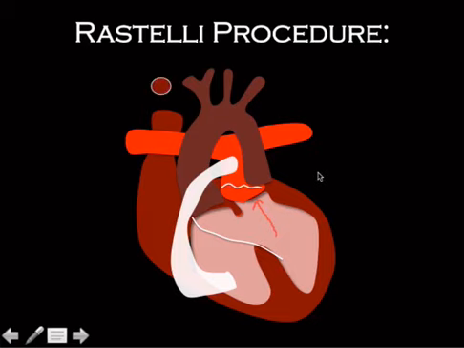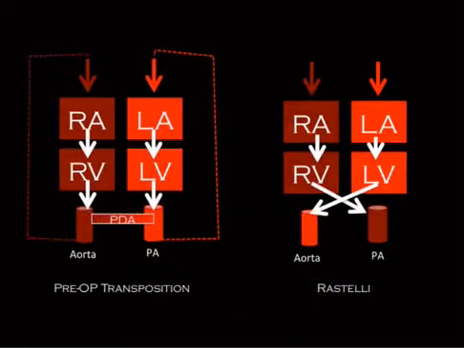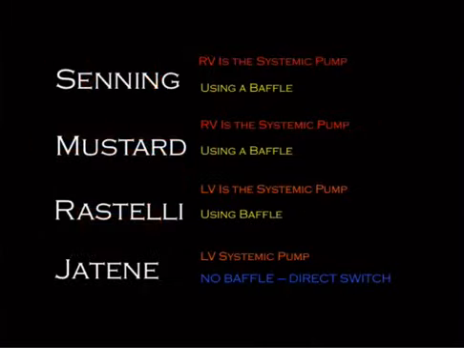So what you end up with is, here's a blood cell, and it's going to go like that and make it out into the lungs like normally would. Or you're going to have a blood cell that can go like that and out and be oxygenated and go out into the body and do its thing. So there, the switch is at the level of the ventricle. And then finally, the Jatene procedure, which is the best one, but like I said, most technically challenging.